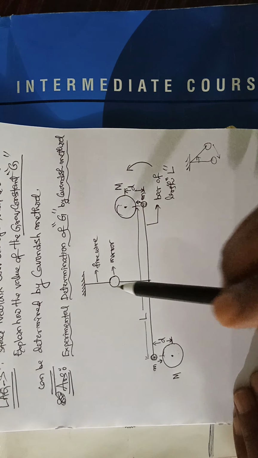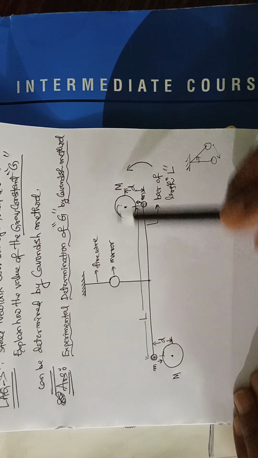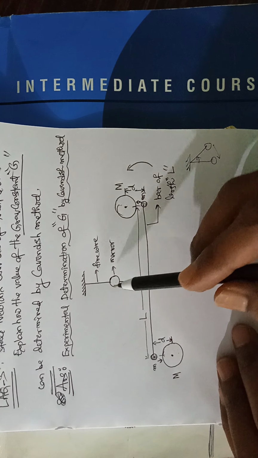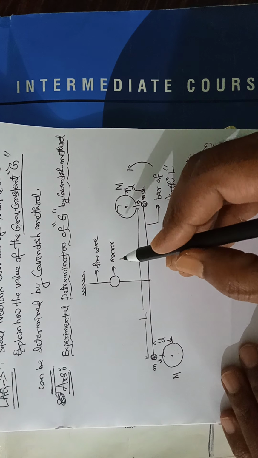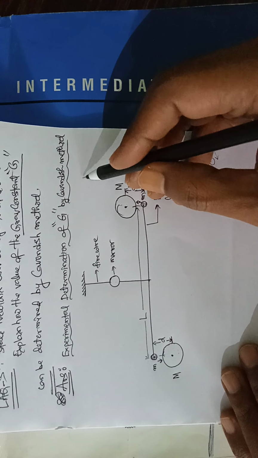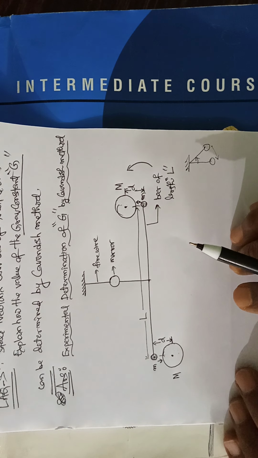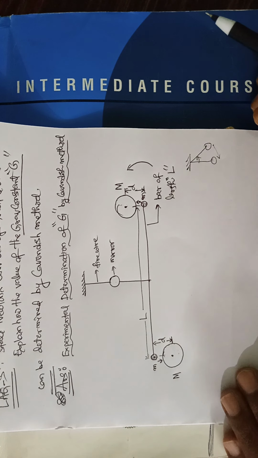Lamp light falls on the mirror again and gets reflected, but this time the reflected light will fall somewhere else because the mirror is deflected. By using the lamp and mirror arrangement, we find the deflection.